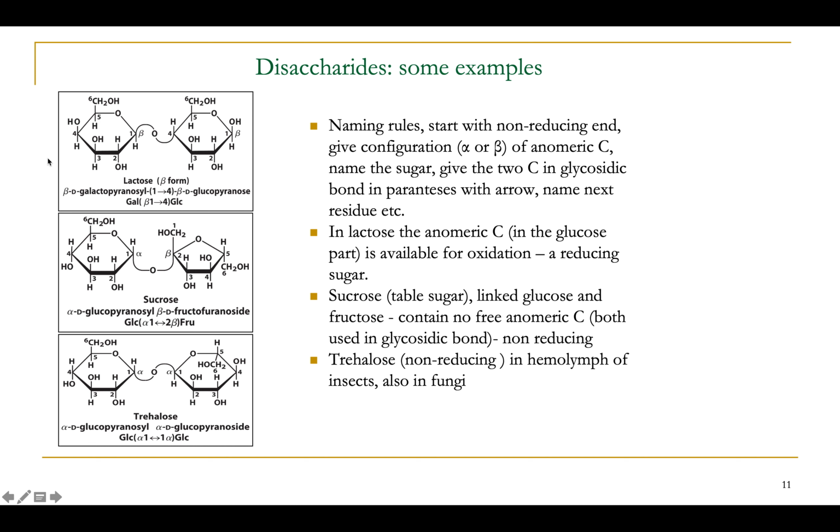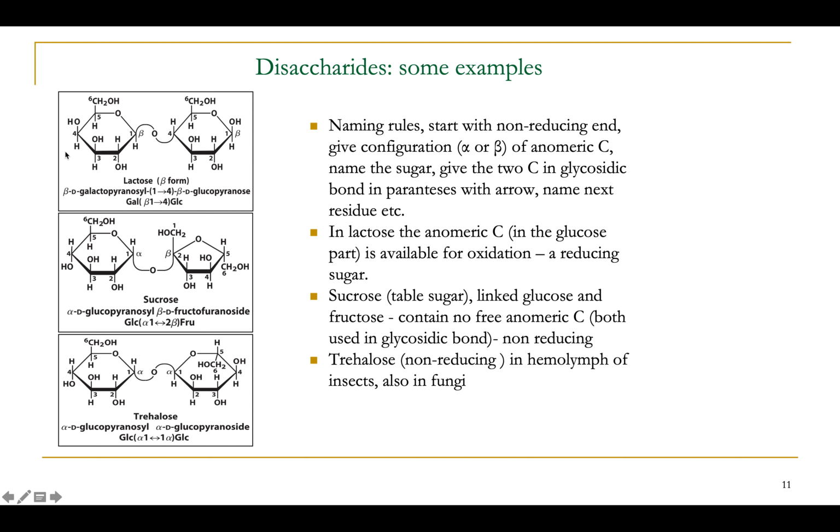Let's look at some examples. Let's take lactose. Lactose is a condensate between two residues, one galactose residue and one D-glucose residue. The galactose residue is, in this case, in beta anomeric form, and is locked to the fourth carbon of glucose by the glycosidic bond.